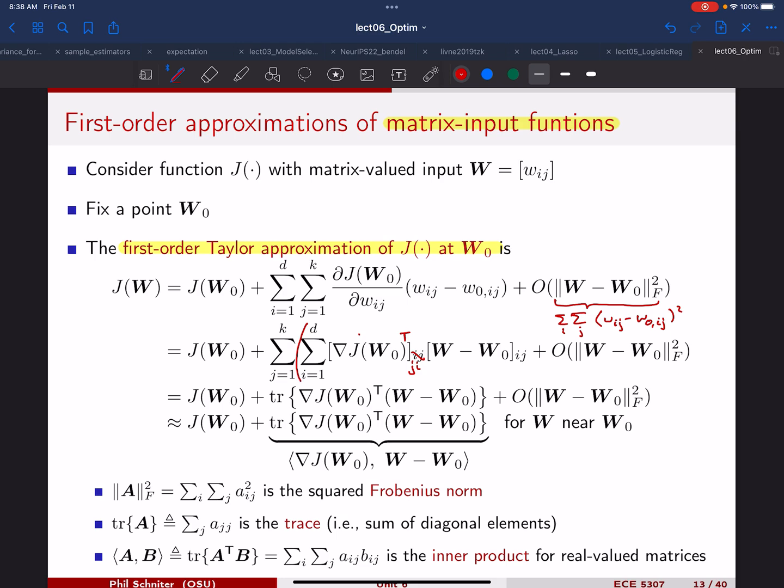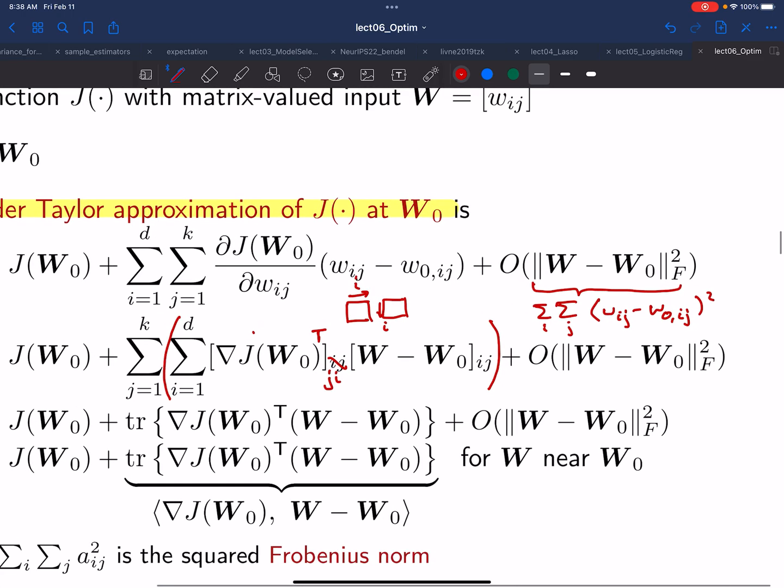Now let's focus on this interior sum over i. We have one matrix on the left, another matrix on the right. i is indexing across the columns of the left matrix, and i is indexing down the rows of the right matrix, and I'm doing a summation over i. Can you see that that's just a matrix multiply? If I sum over i, it's like I'm doing this times this, and so on.